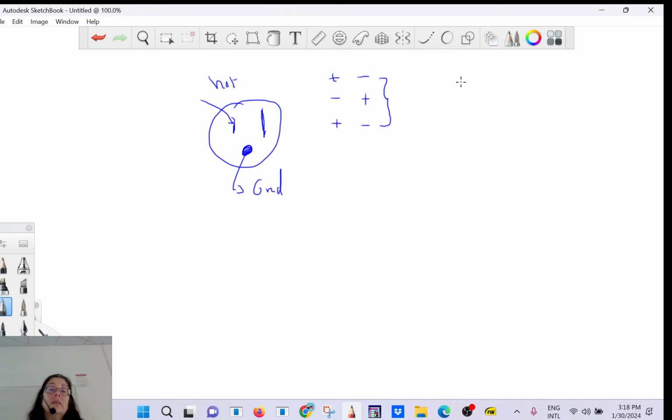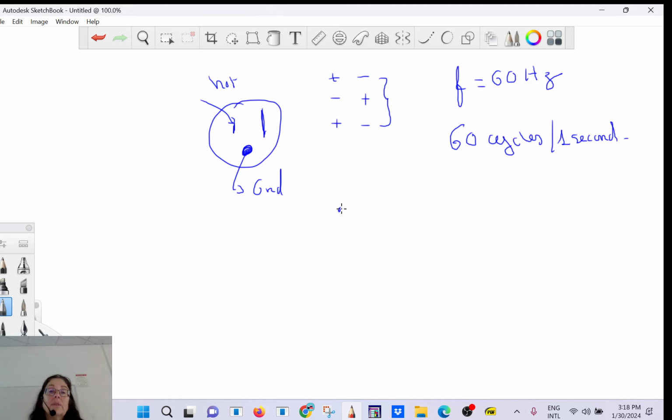The frequency from the outlet is 60 hertz. So how many times does it change sign in 1 second? 60. So you have 60 cycles for 1 second. So what does it mean?